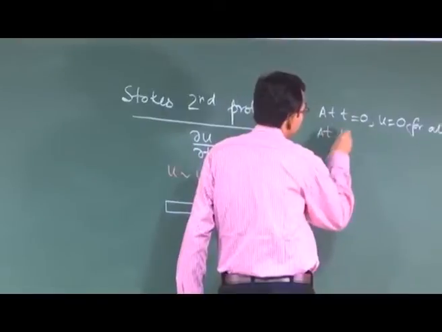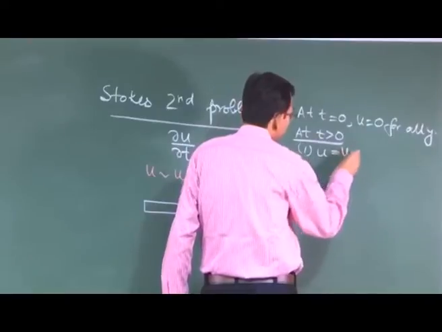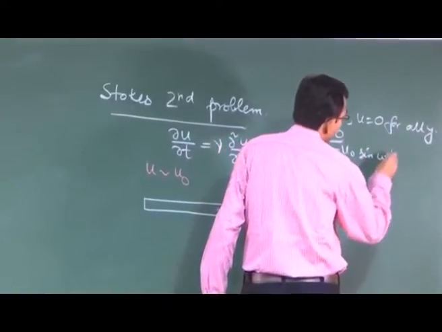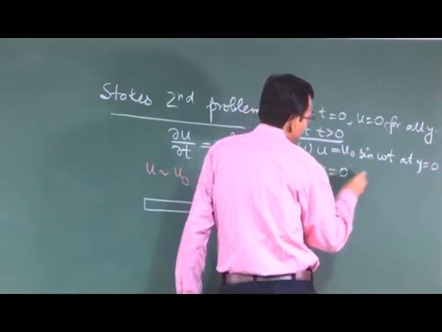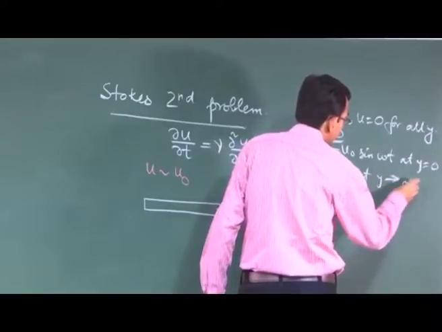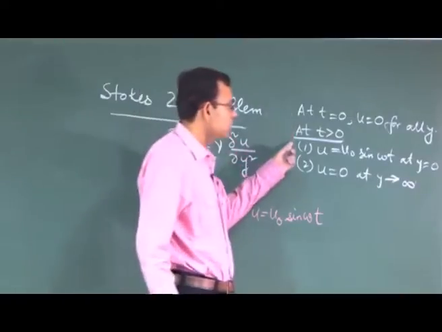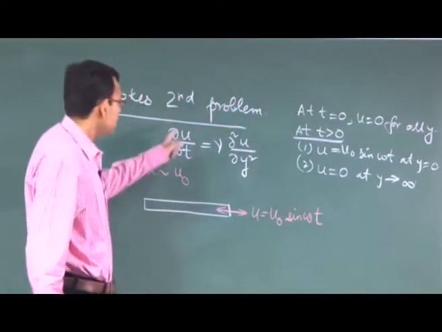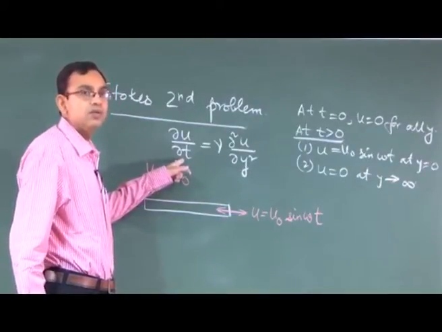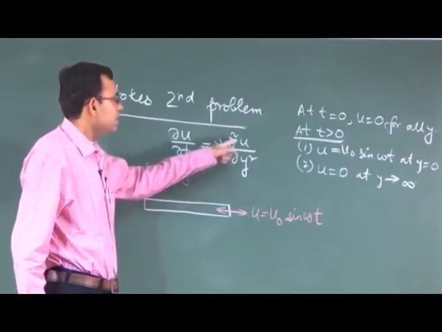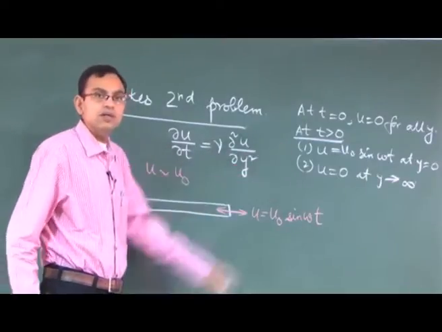At t greater than 0, u equal to u0 sine omega t at y equal to 0, and u is equal to 0 as y tends to infinity. So, this is the initial condition, and these are the boundary conditions. This has a first order partial derivative in time, so it requires one initial condition, and a second order partial derivative in space, so it requires two boundary conditions.